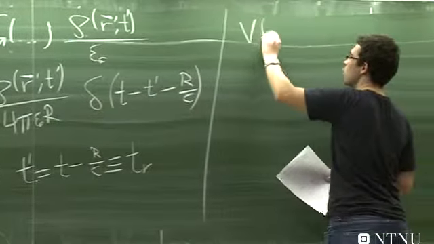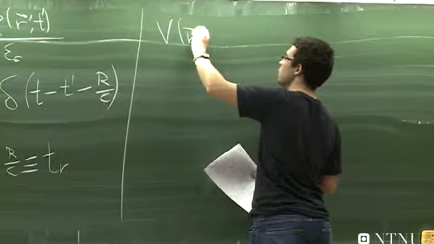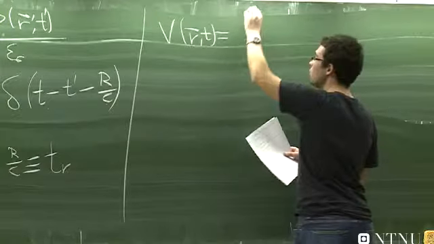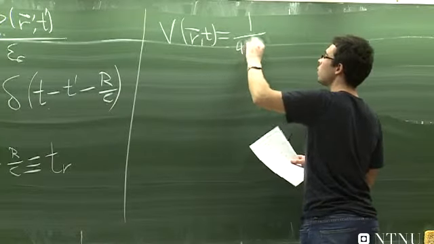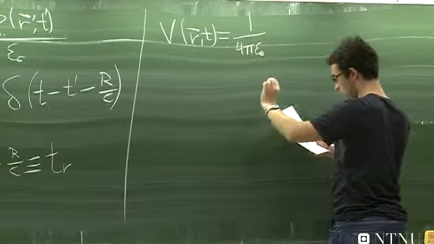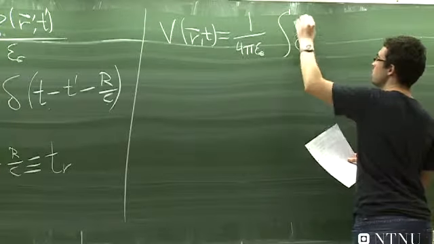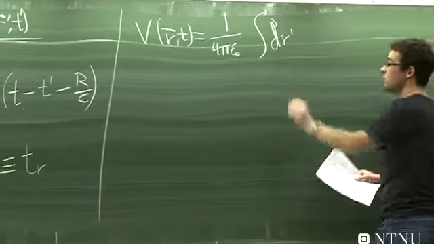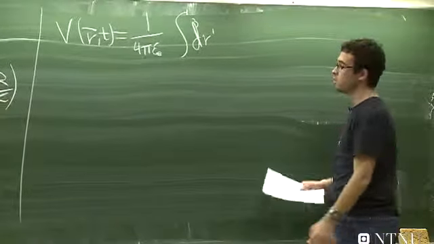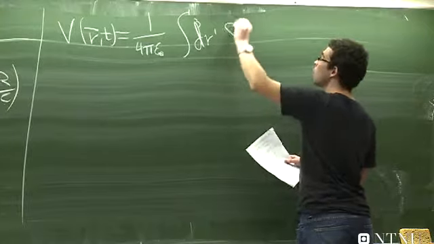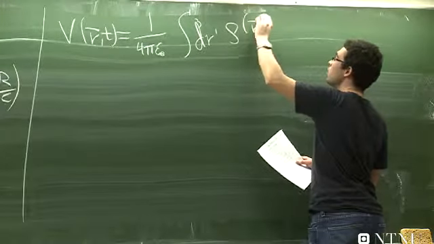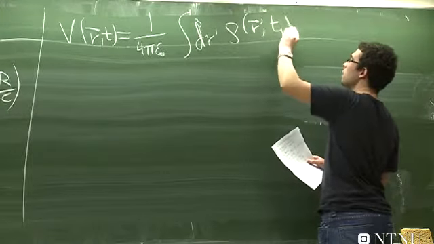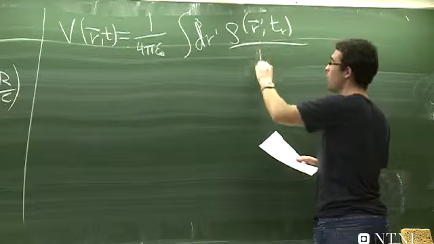Meaning that V of r, t is equal to 1 over 4 pi epsilon naught, and the integral turns out to be, oh happy day, the same as we found in our heuristic argument last week, rho of r prime, t_r over r.